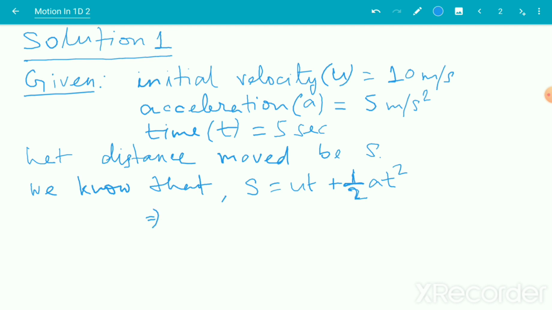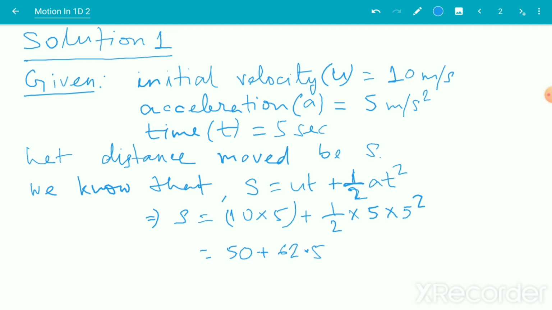If you put the values, s is equal to u, the value of u is 10, time is 5, so 10 into 5 plus half into acceleration, 5 meter per second square, and the time is again 5 square. So 5 tens are 50, plus we have here 5 cube, so 125 by 2, it turns out to be 62.5.